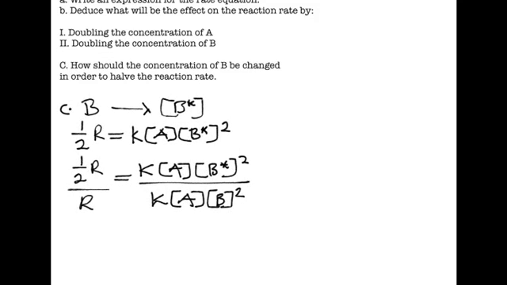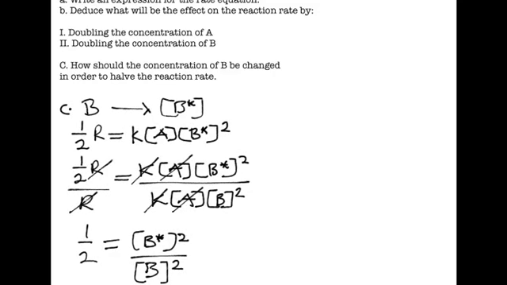So let's see what can cancel out. We can cancel the constant, our A is also going to cancel out, as well as the R. So this is going to give us 1 out of 2, which is going to be equal to B asterisk squared divided by B squared. So what if we multiply through by B squared?